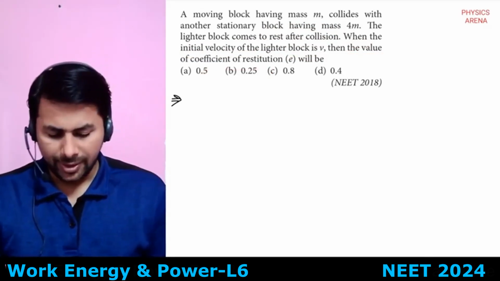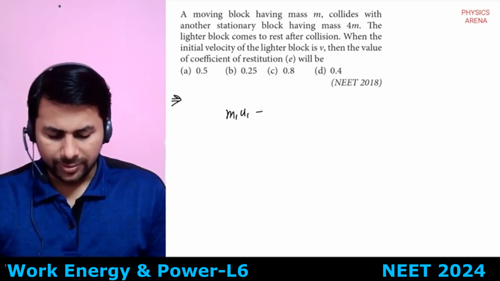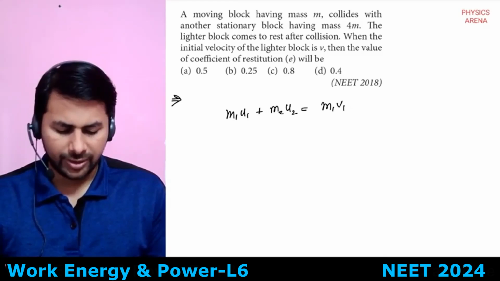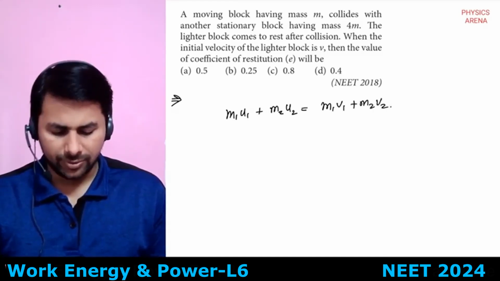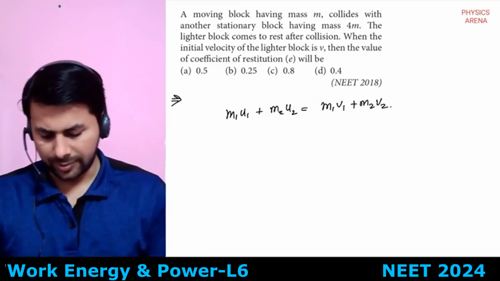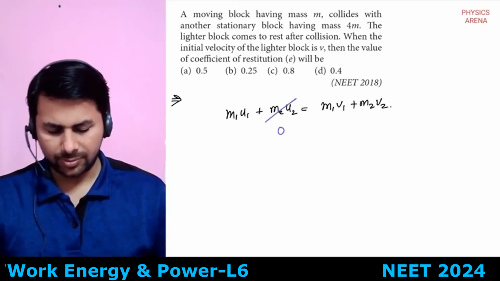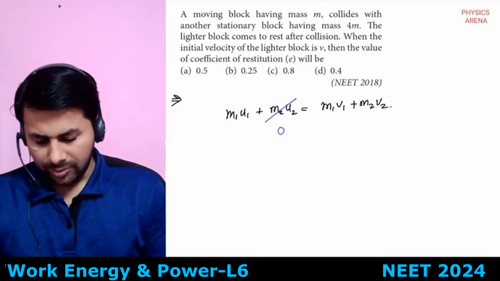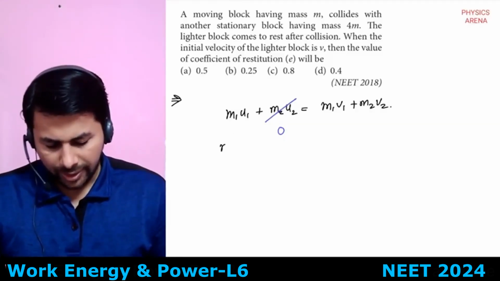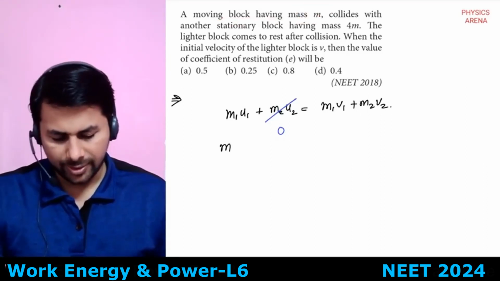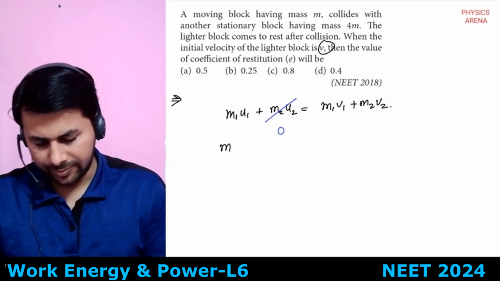This is simple. m1 u1 plus m2 u2 is equal to m1 v1 plus m2 v2, and you don't have to consider this one, because this is 0. Then you can put the values. The moving block has mass m and its velocity is v.